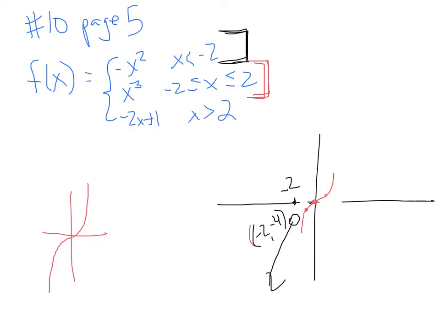The exact value here would be, it goes down to -8. So -2, -8. And it's a closed circle because it includes the -2. And it goes up to 2, 8. And it's a closed circle because it includes the 2.